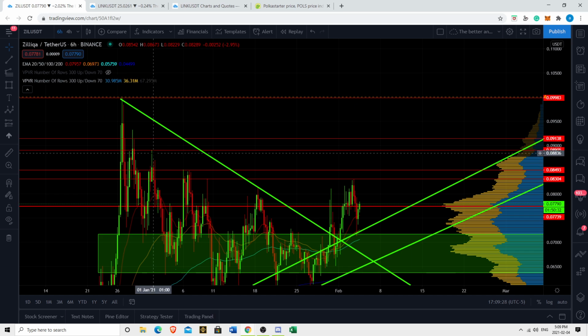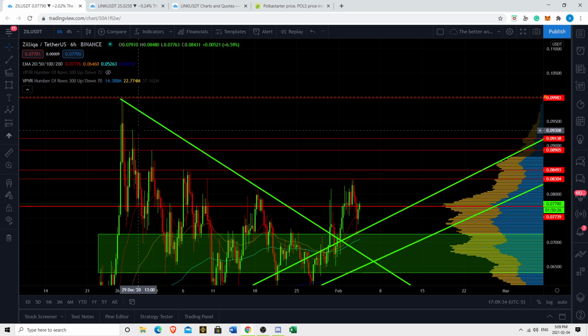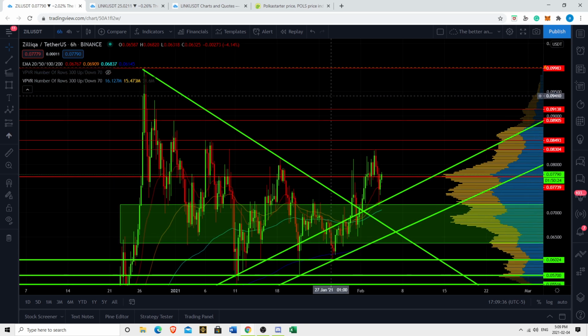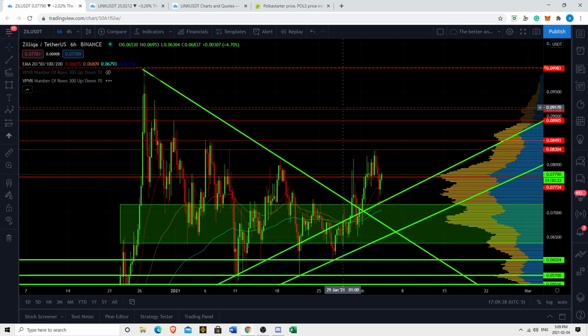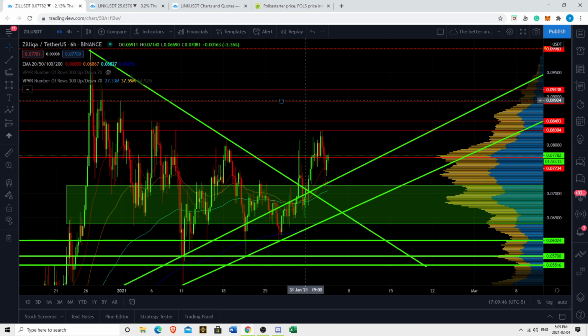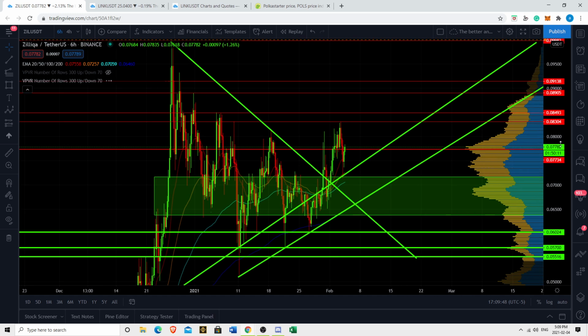The more of these previous peaks it tackles and breaks above, the more likely we are to see continued bullish trending. We can get into so many things, indicators and so on, but really it's just these peaks we need to look out for.